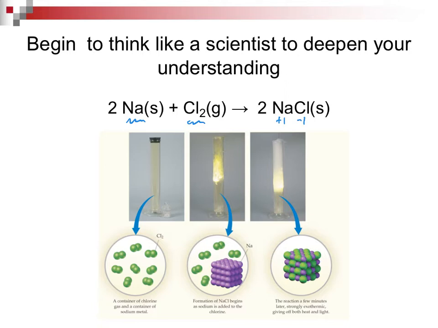Well, that's what this picture shows. It shows the little piece of sodium sitting way down on the bottom. It shows the chlorine gas sitting in this tube. And it shows how when they come together, it's a very explosive reaction to make that lattice, sodium chloride. It is an ionic solid.